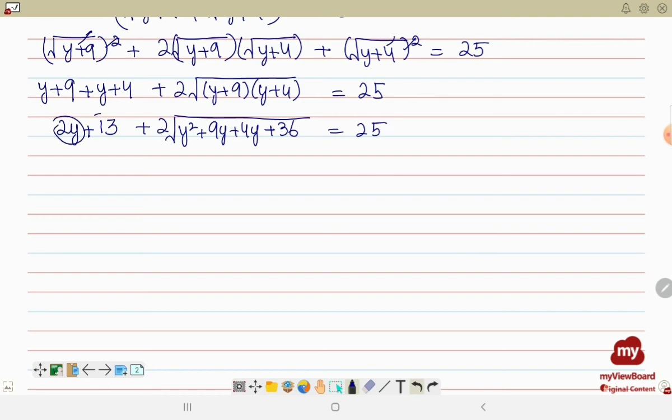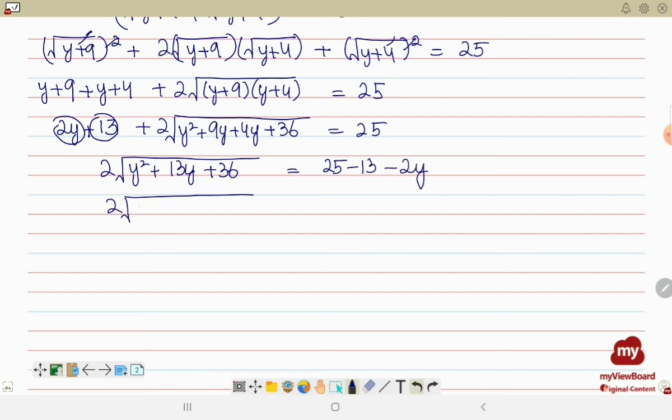So we'll move these two terms to the right hand side, and we are left with the root of y square plus 13y plus 36, and here we have 25 minus 13 minus 2y. Let's further simplify it. 25 minus 13 becomes 12, and minus 2y.